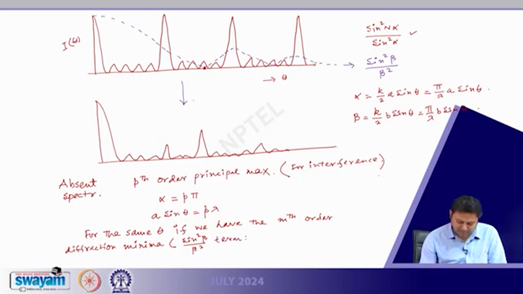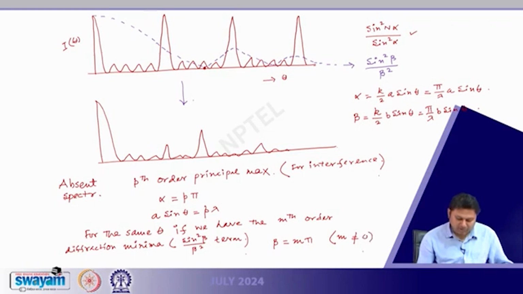From that term one can get this. Then we have another expression for the same theta. Actually I am looking for the minima, so beta is equal to m pi, where m is not equal to 0.